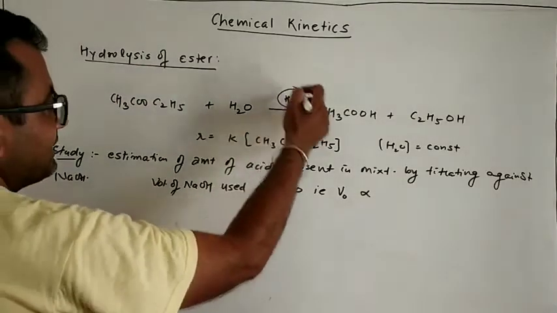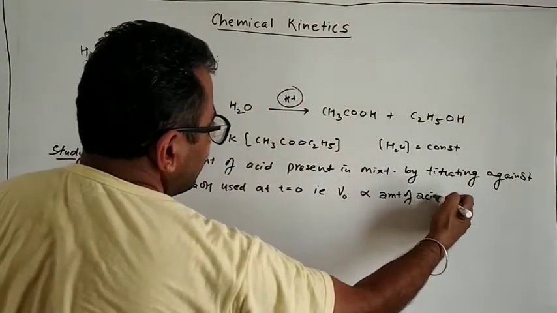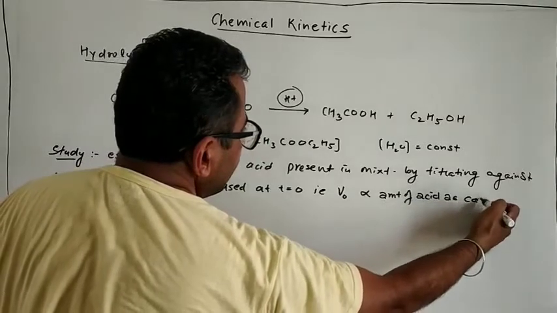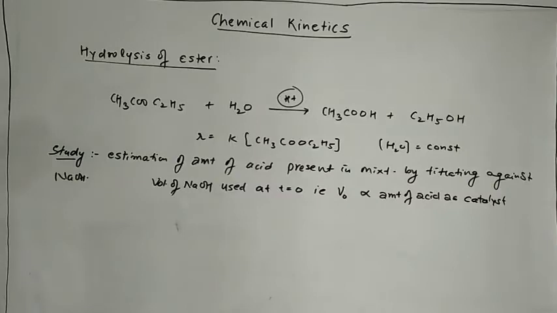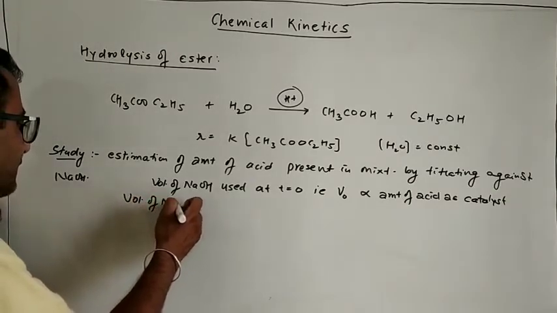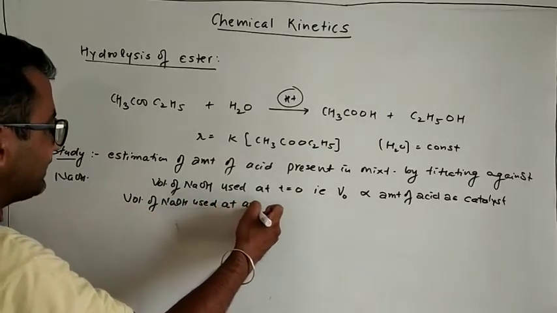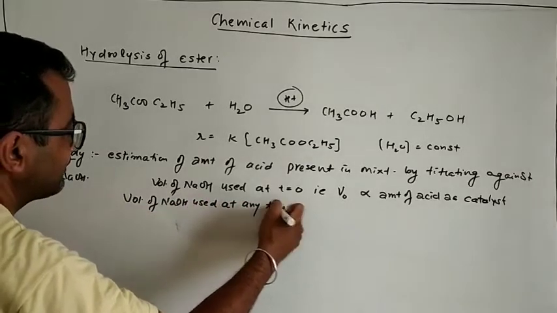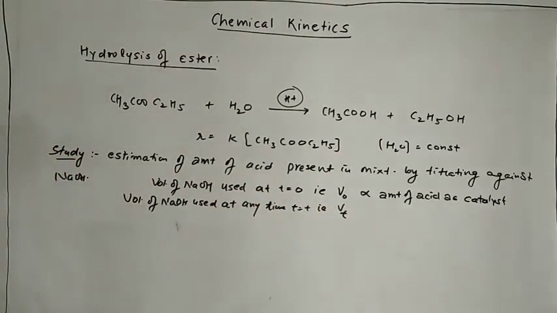ये जो acid पहले से ही present है उसकी amount पे depend करेगा. Acid present as a catalyst. So V0 is directly proportional to amount of acid present as catalyst. Next is the volume of NaOH used at any time, means t equal to t, ये हो जाएगा Vt.